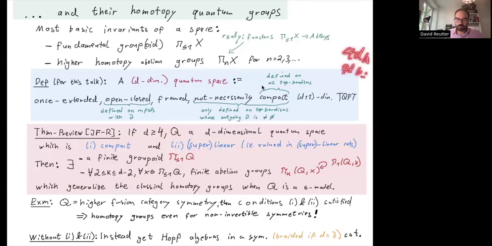But if you look into these examples, what will happen is, and this is just what I believe, that the 4D theory is actually fully defined as a 4D theory. But the 3D boundary theory, the thing which generalizes Reshetikhin and Turaev, is not defined on all 3-manifolds. And this is where this "not necessarily compact" comes in.